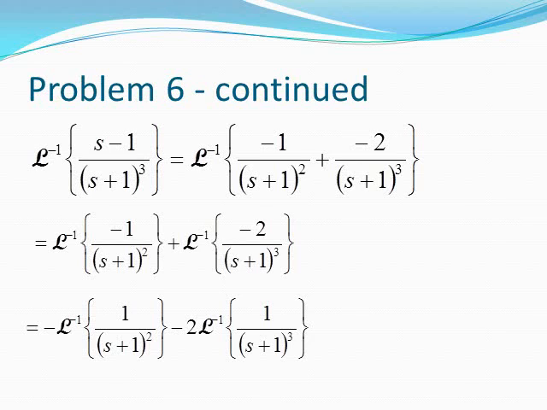This is going to be a translation in s where a is equal to -1 in both cases. So if I do the inverse Laplace transform for this, I should get e to the minus t times t minus 2e to the minus t times t squared. And then you could factor out the e to the minus t if you wanted to. And you've done your inverse Laplace transform.